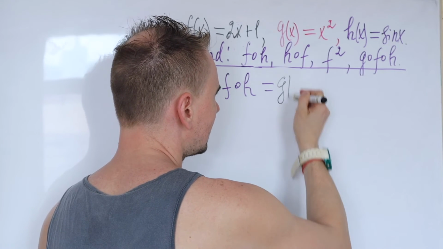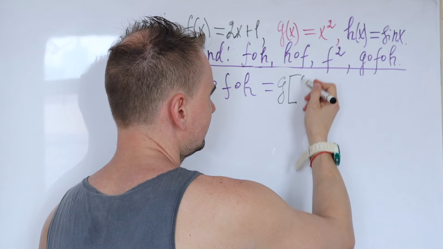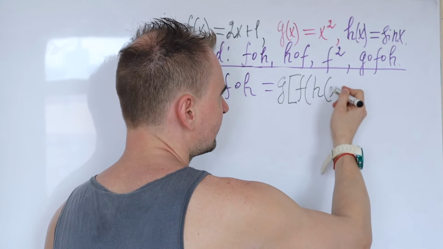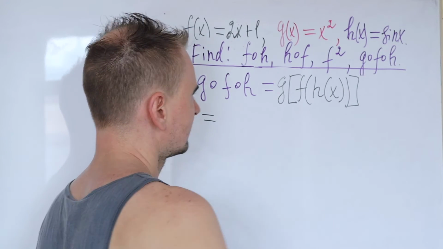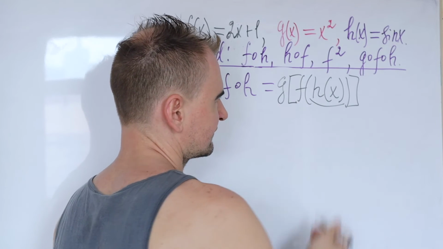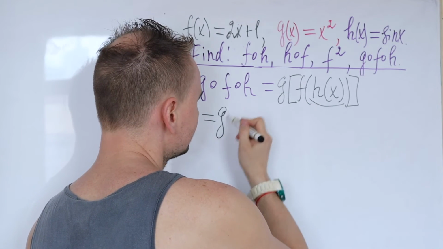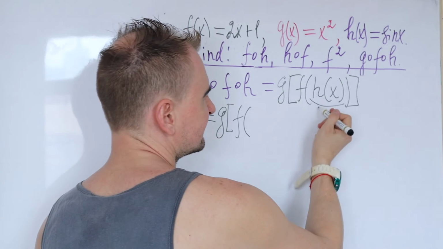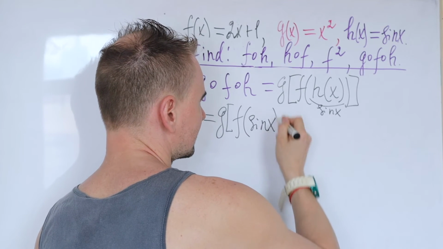I would use the square brackets for g, and you have f of h of x. So you start with h of x, it comes first. So you keep these two for now. Instead of h of x, since it's sine x, I'm going to write sine of x.